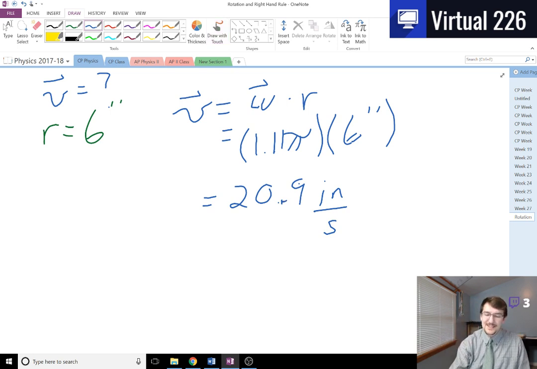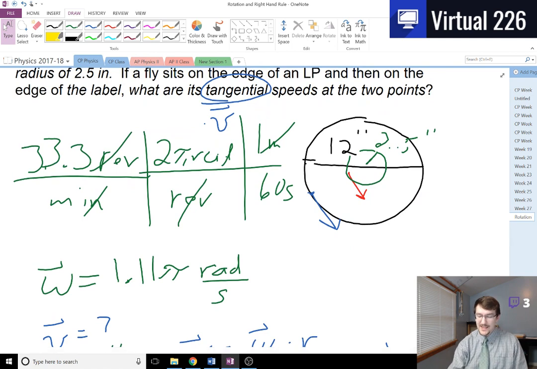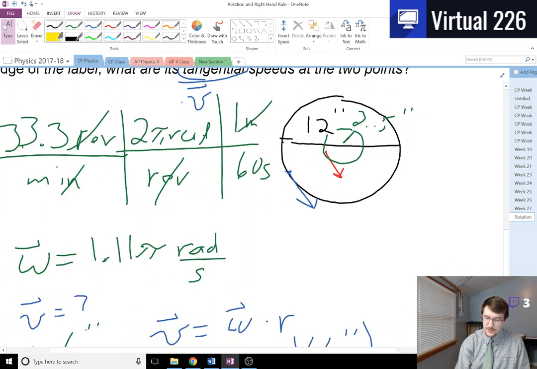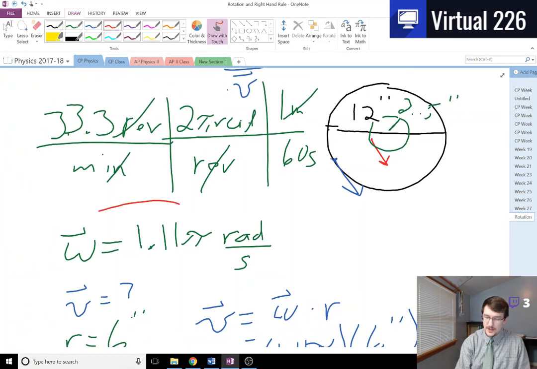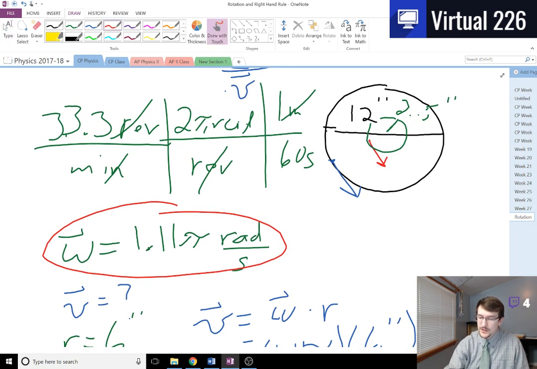If we do the exact same thing for the inside distance, we have the exact same angular velocity, still 1.11 pi. What we're going to do, though, is look at a much smaller radius, the radius of the label, 2.5 inches.